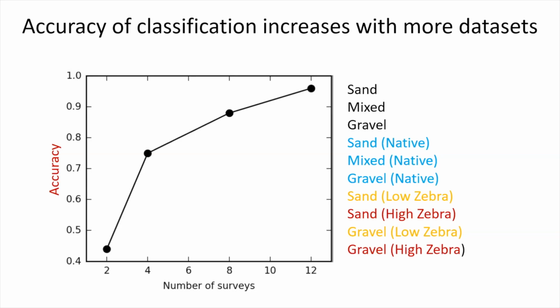In practice, what that means is that each combination of settings of pulse length and frequency would be a different survey, passing over the same area using the multibeam sonar with a different setting. And so the accuracy increased, but it comes at a cost of additional data collection required in the field.